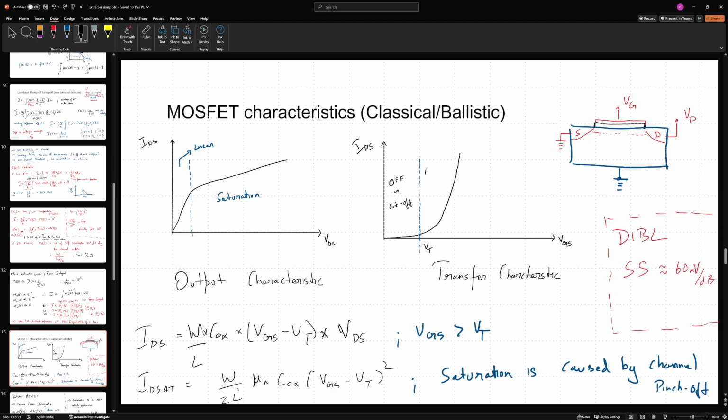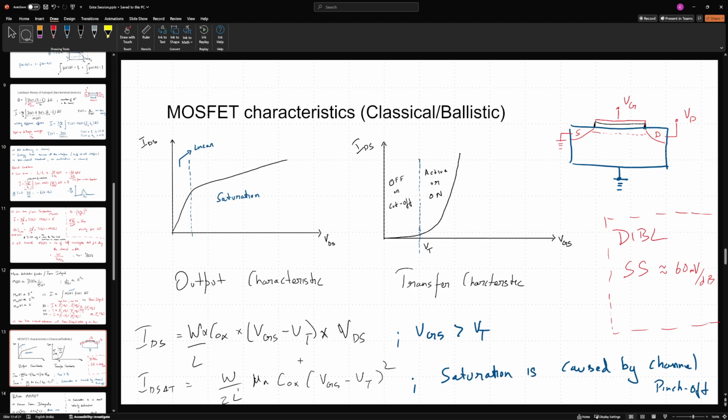So this is the active, or on. Okay, so this is the relationship between VGS and IDS. I can just select this, drag this. So the output characteristic and the transfer characteristic.